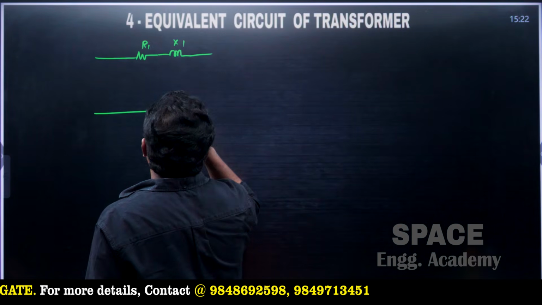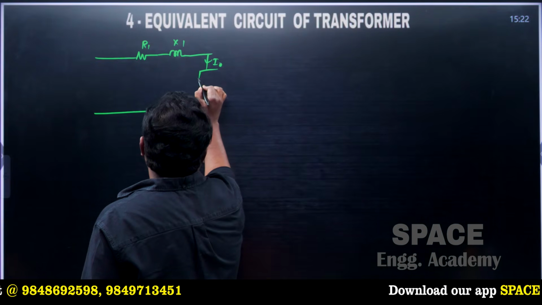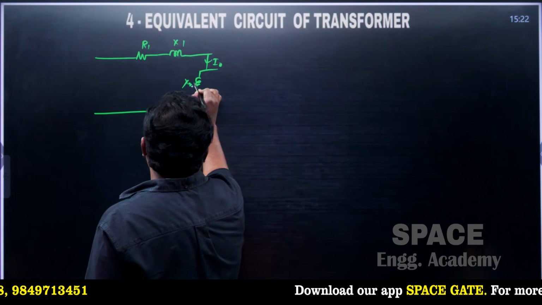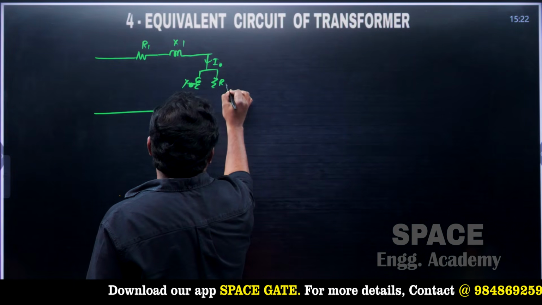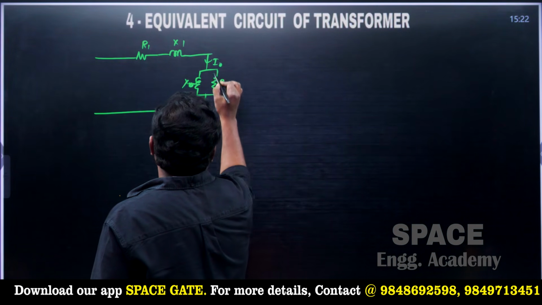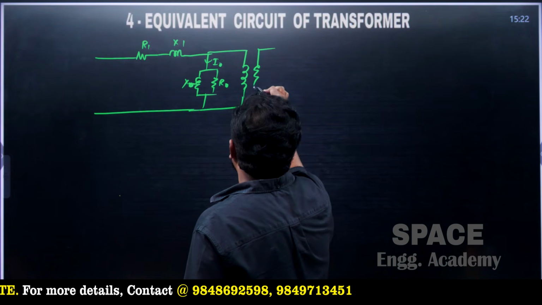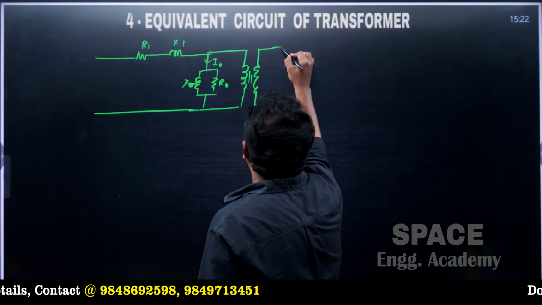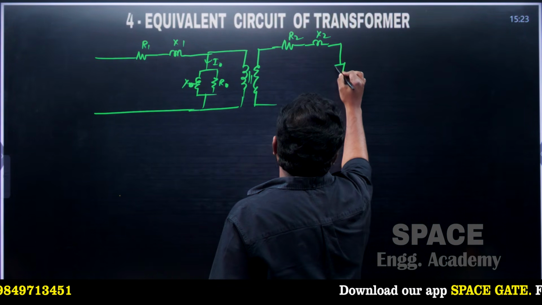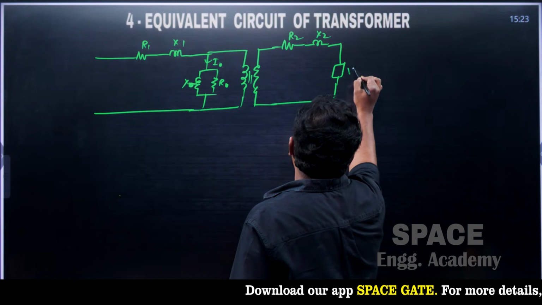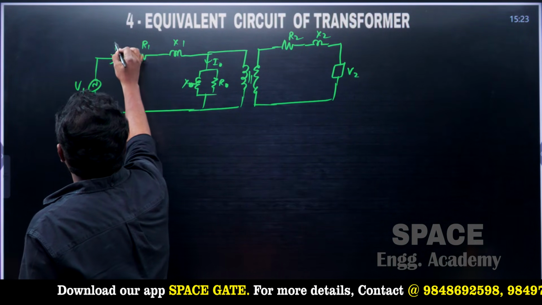And this is R01, and these are the no load branch parameters: reactance XM, resistance R0 and X0. So these are the no load branch in the exact equivalent circuit. This is the primary winding and this is the secondary winding, with resistance R2 and X2, and these are the load parameters. E2 is this, the supply voltage is V1, and this current is I1.